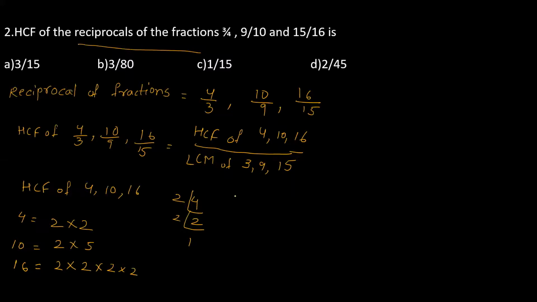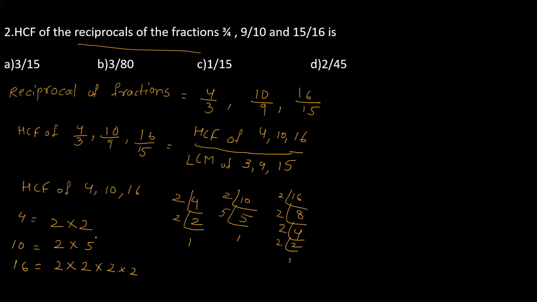This is the actual process. 10 as 2 5s are 10, 5 1s are 5. And 16: 2 8s are 16, 2 4s are 8, 2 2s are 4, 2 1s are 2. So 4 is 2 into 2, 10 is 2 into 5, 16 is 2 into 2 into 2 into 2.